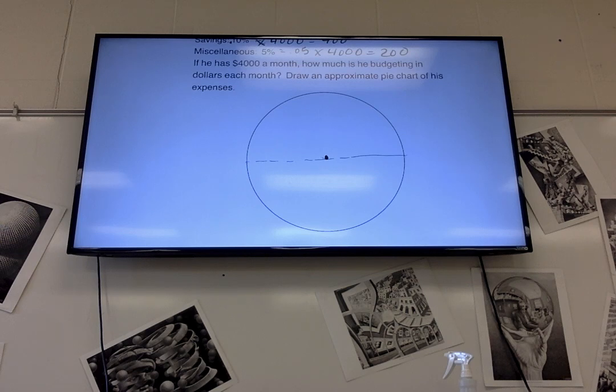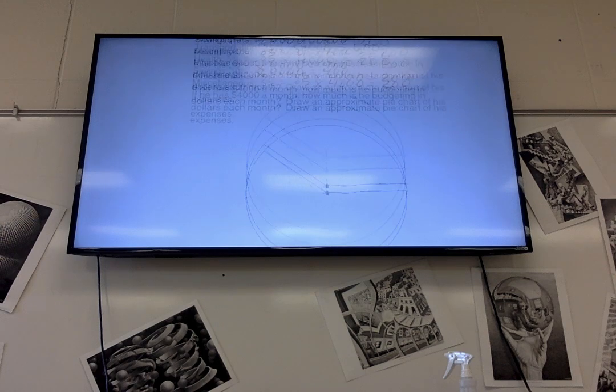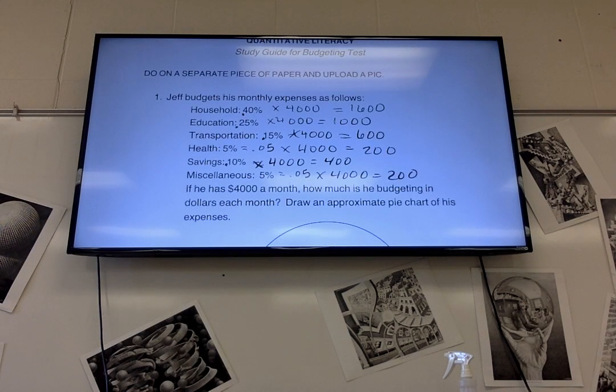And so let's split that into 4 equal parts. Okay, so 40% would be about right there. And that's approximate.